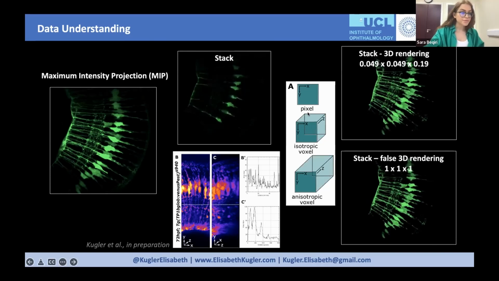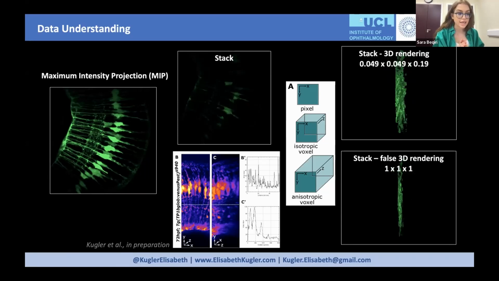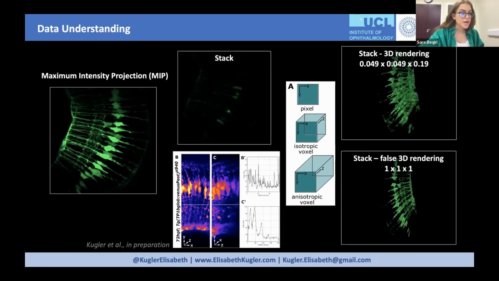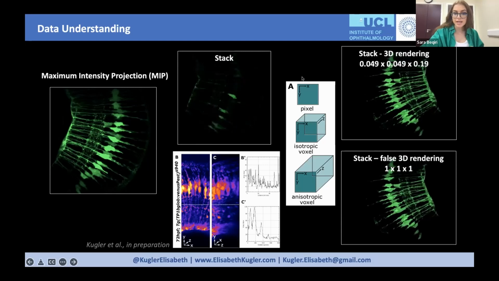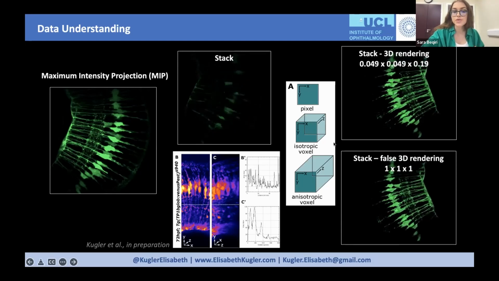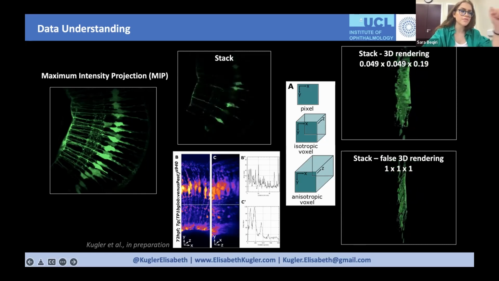A 3D image consists of 3 dimensions, X, Y, and Z, Z referring to the depth. So whilst in 2D images, we refer to X and Y dimensions and a pixel being the smallest unit, in 3D images, we will be referring to voxels.